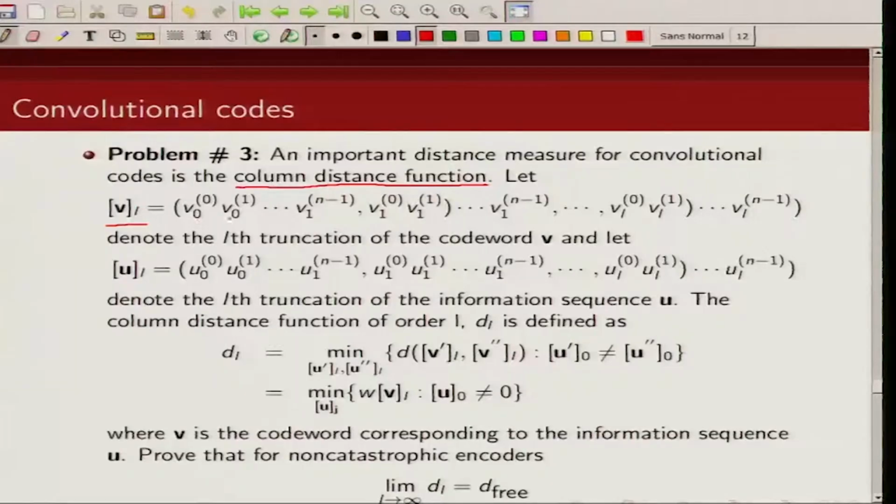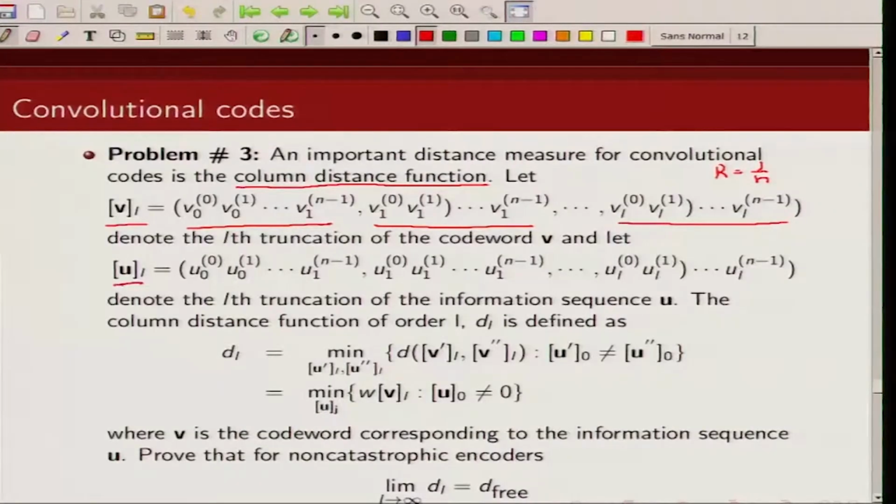So, this will be V0, V1, up to Vn minus 1, and so on. Let us say this is a rate 1 by n code, then for the first time instance you have n bits, for the second time instance you have n bits, and then for L time instances you will have n bits each. So, this is your truncated code word up to time L.